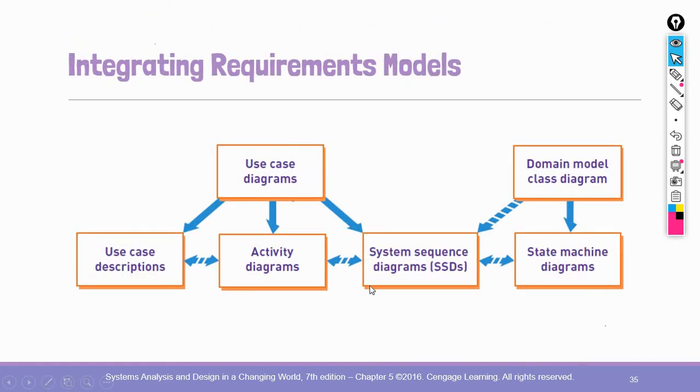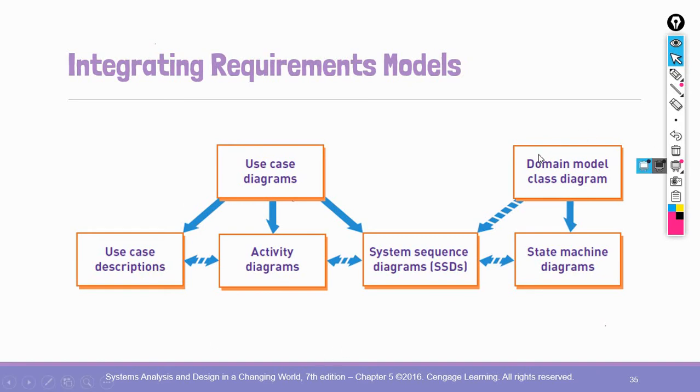So this figure illustrates the primary relationships among the requirements models for object-oriented development. The use case diagram and other diagrams on the left are used to capture the processes of the new system.